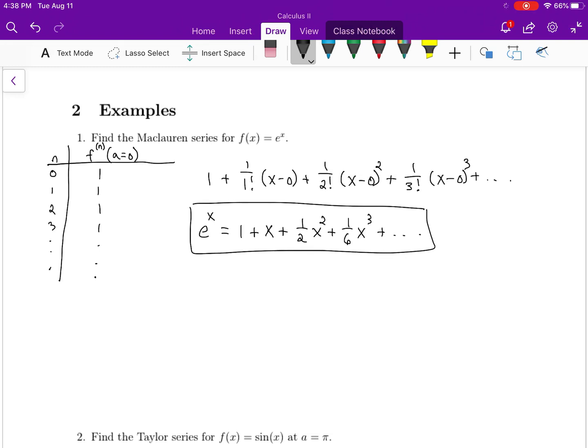And that is the Maclaurin series expansion for e to the x.